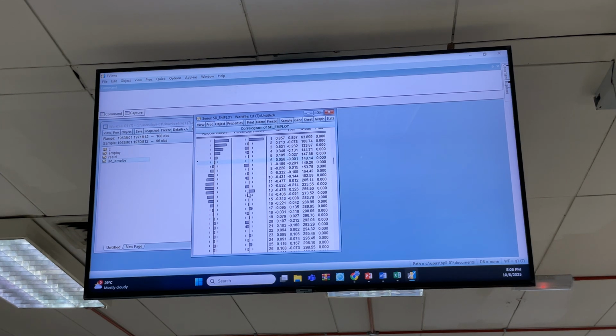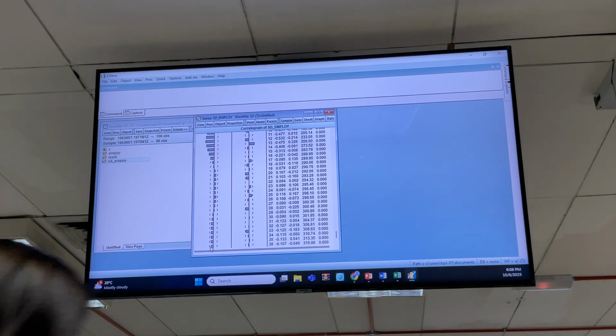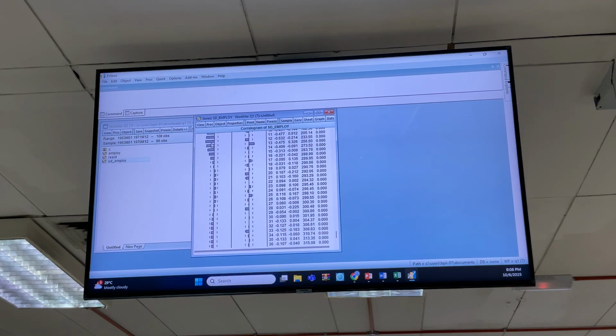How about the seasonal component, at lags 12, 24, 36? It is either SMA1 or SAR. The first one is significant, the others are not significant.